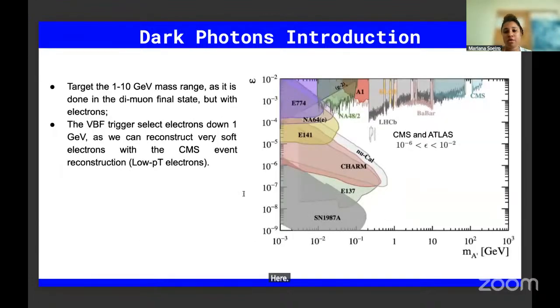Here we have our strategy at CMS. We basically saw that CMS has this kind of contribution, and we try to simulate our samples considering this region. The idea of VBF is to have more clear signatures and understand how low we can go to identify those electrons and try to understand if the dark photon appears or not.